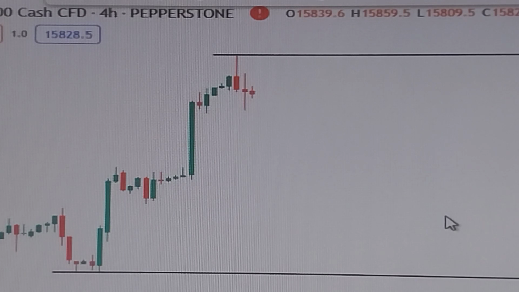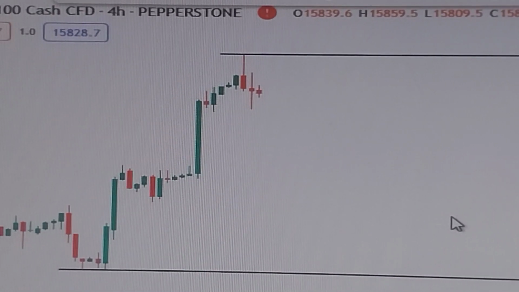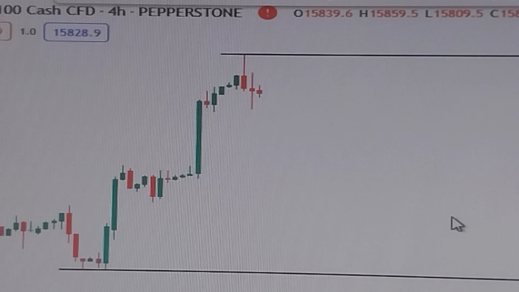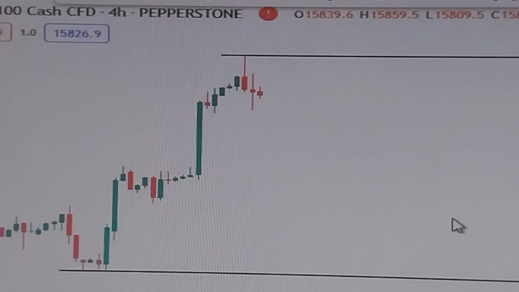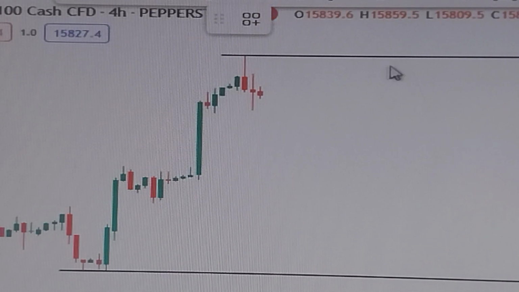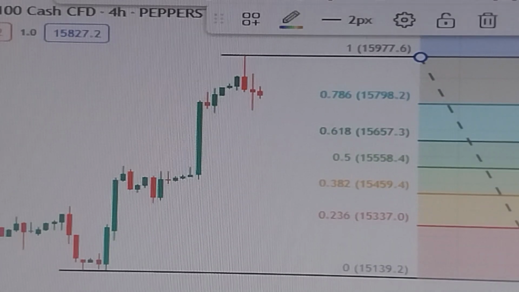Now, on the premium zone of this price, we see our market having demand zones on the discount zone. I've told you guys about how you identify your premium and your discount.